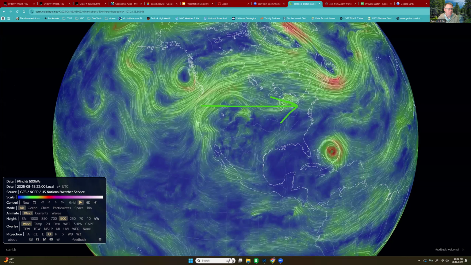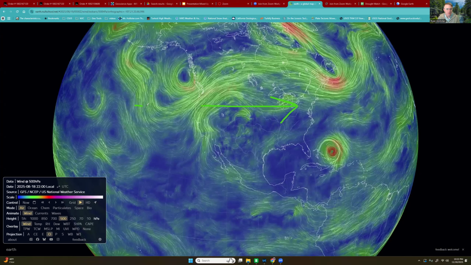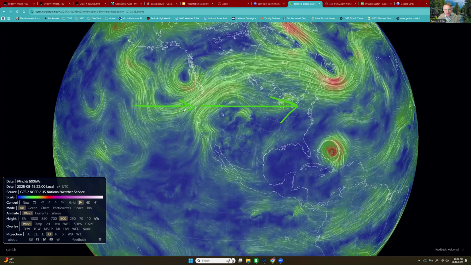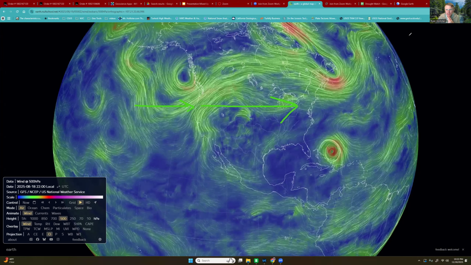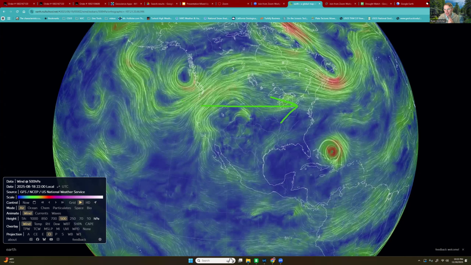So this is why most of the storms that we get, when we get the storms, they actually are coming from the west and they blow into the east. And that's a big deal when we start talking about rain shadows and things like that later on, like next week.